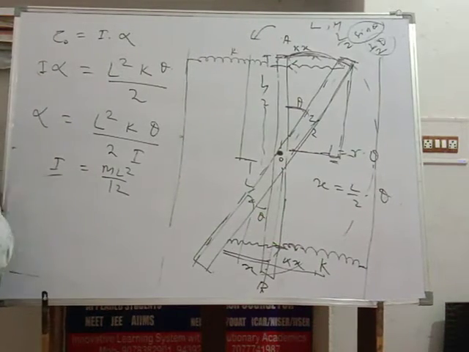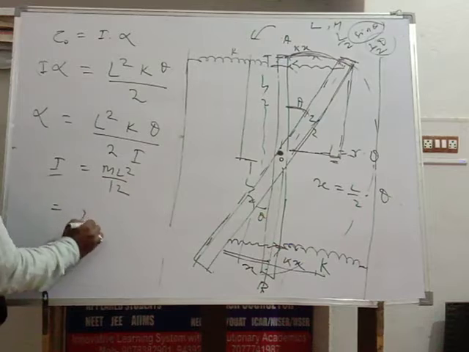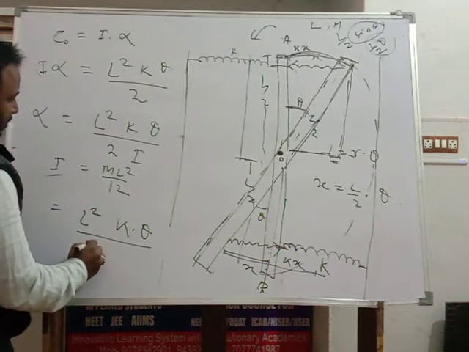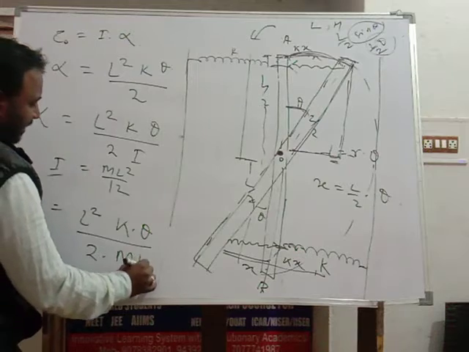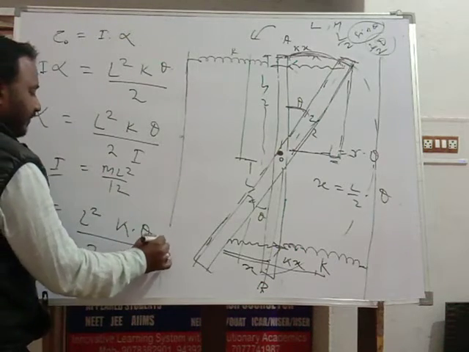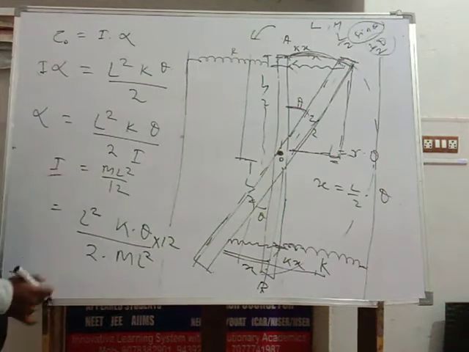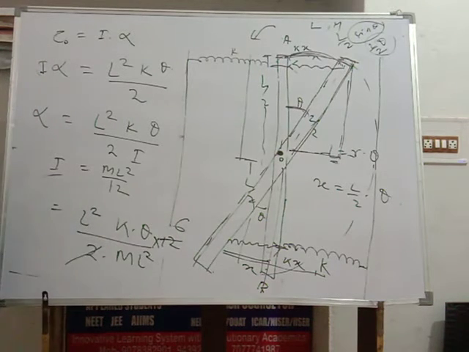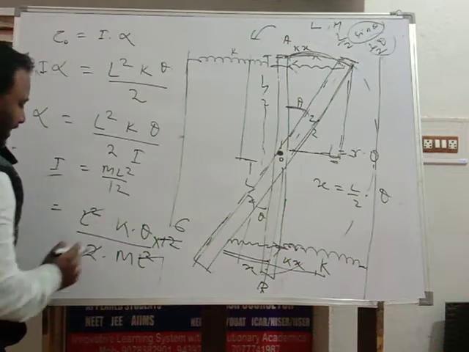So the expression becomes L square K theta divided by 2 ml square divided by 12. So 12 will be in the numerator, 2 sixes are 12, and L square and L square get cancelled.